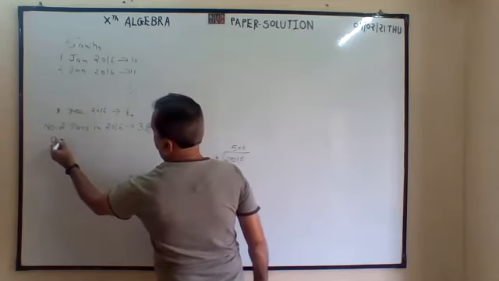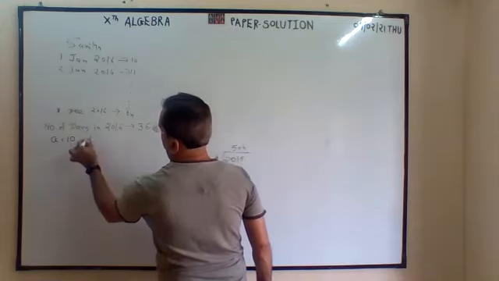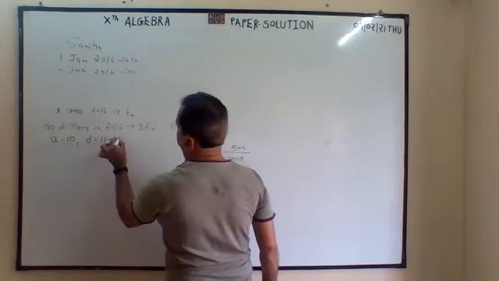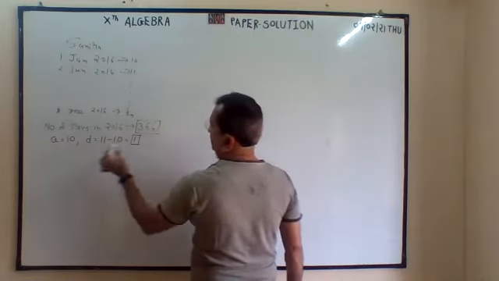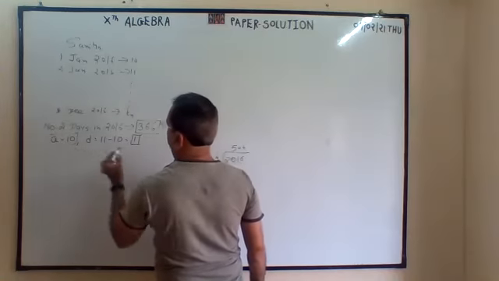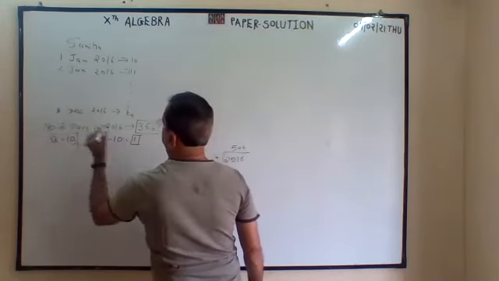Starting point a is equal to 10. The difference is always increased by 1 rupee. So you have n, you have a, you have d.